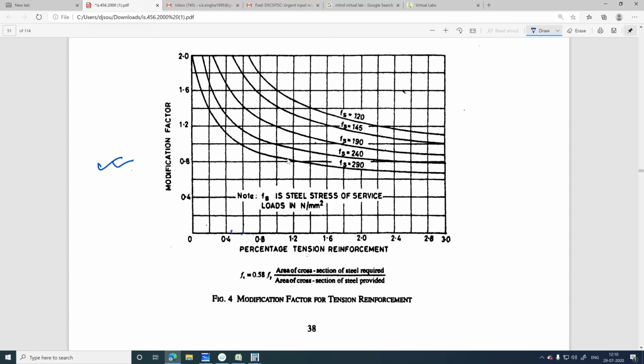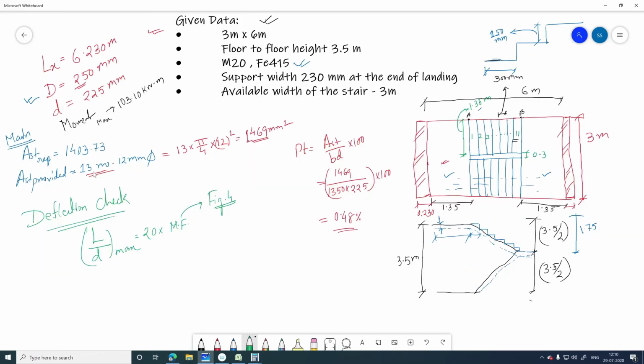Now we need to consider the curve. Which curve do we need to consider? To determine the curve, we have this formula for the Fs value. We know the formula, that is 0.58 into Fy into AST required by AST provided. We know the value of AST required, that is 1403, and the AST provided is 1469.